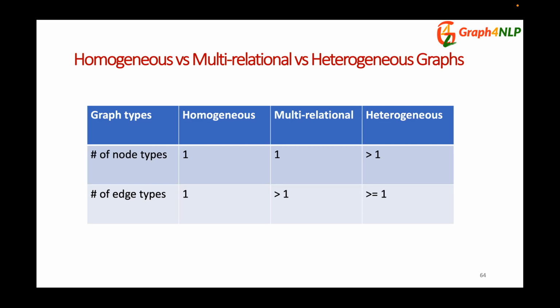If the number of node types is 1 and the number of edge types is also 1, we call it a homogeneous graph. If the number of edge types is larger than 1, we call it a multi-relational graph. Otherwise, we call it a heterogeneous graph, which usually has more than one type of node.